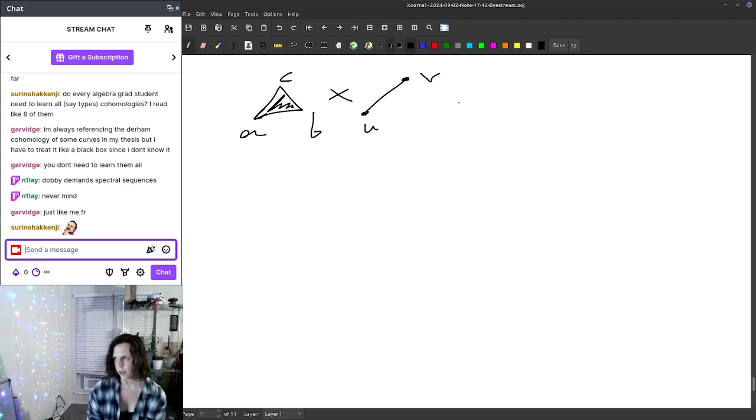Then the product of these as a topological space is going to be this prism, right?